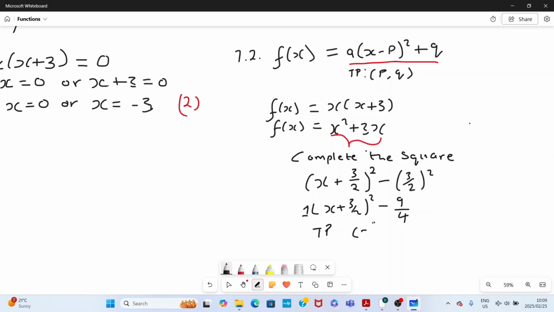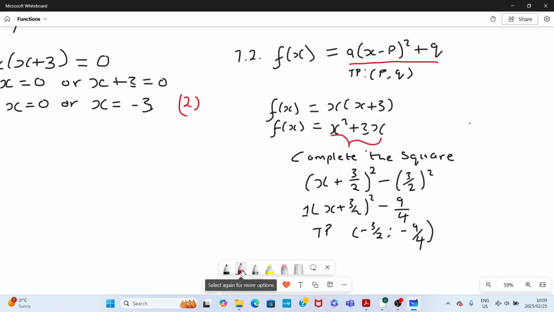So it's going to be minus 3 over 2. And then the y coordinate, which is Q, will be minus 9 over 4 because we just take it as it is here. So these are our coordinates for the turning point.